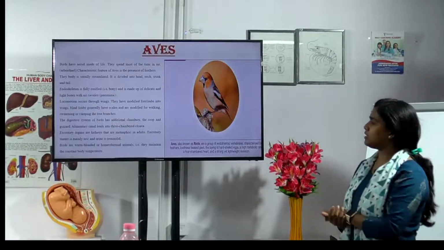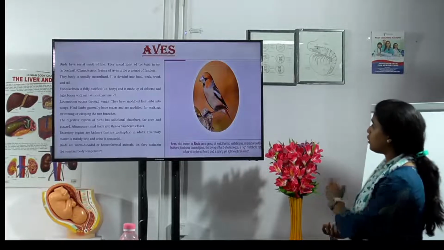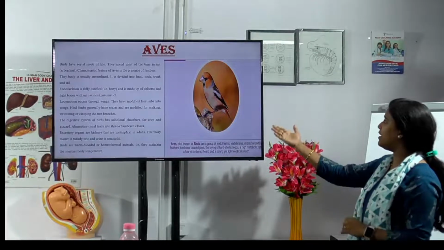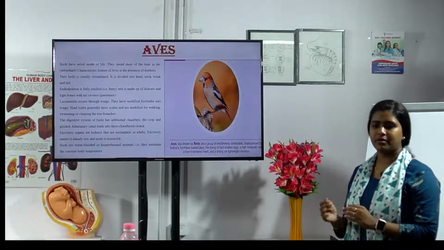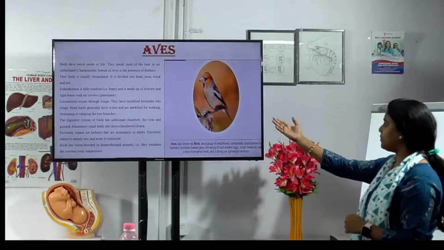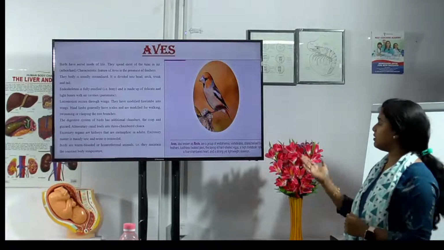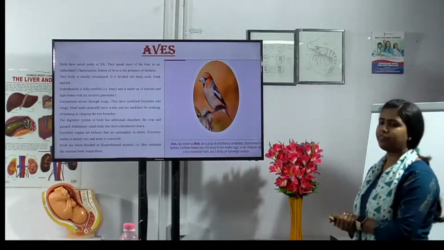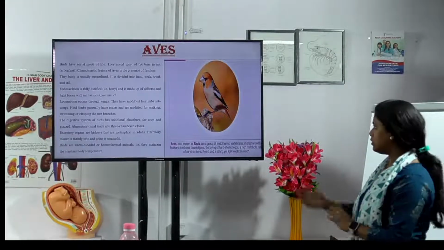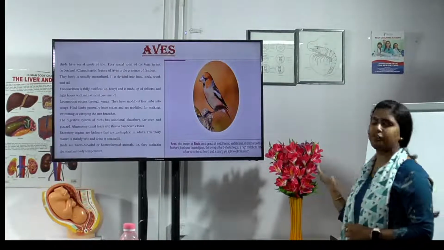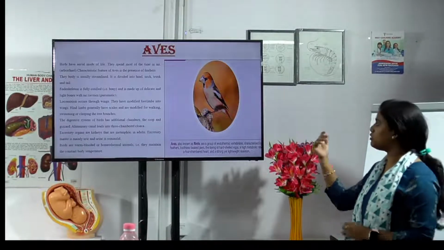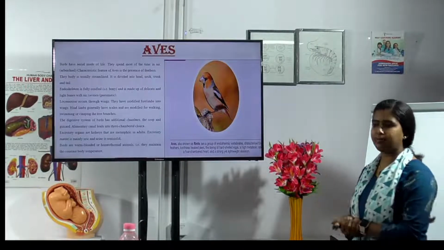The endoskeleton is fully ossified, that is bony, and made up of delicate, light bones because of flight. Locomotion is through wings only, modified from forelimbs. Hind limbs generally have scales and are modified for swimming, walking and also for clasping tree branches.